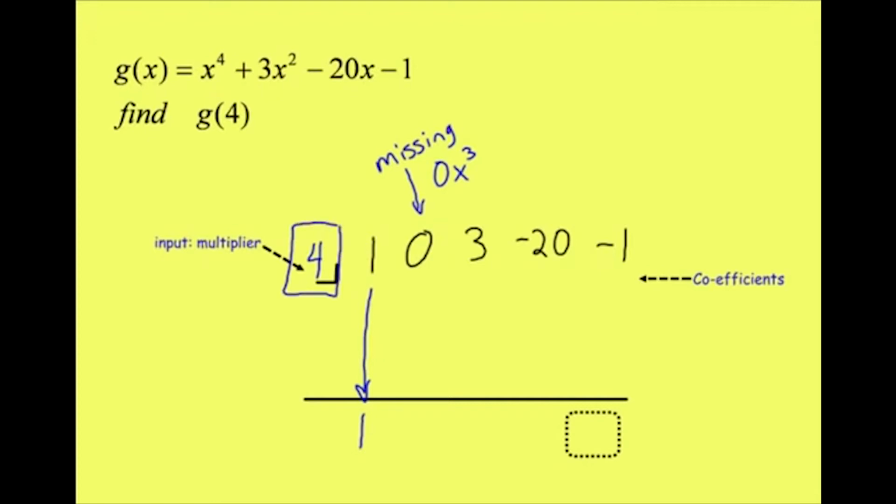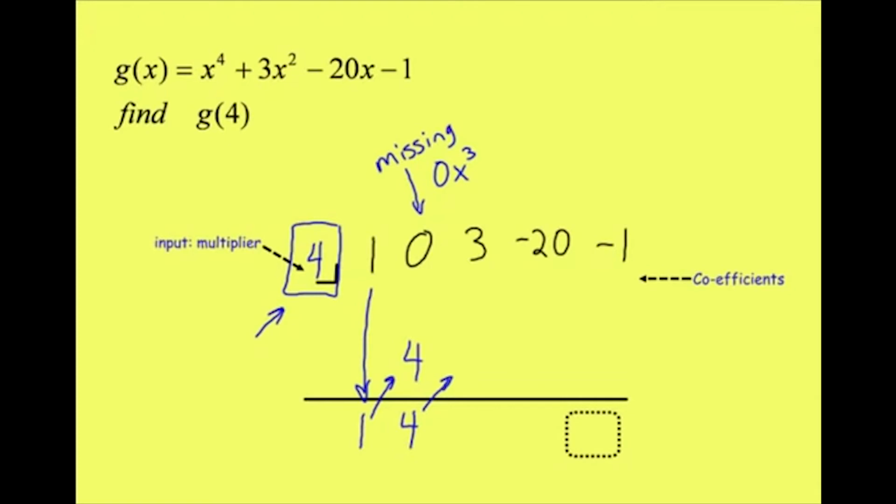Okay. Our process says to add down, we add 1 down. Our multiplying number is 4. So when I multiply diagonally, I'm going to multiply by 4. So 1 times 4 is 4. We add down, so the 0 plus the 4 gives us 4. We're going to multiply by our multiplying number.